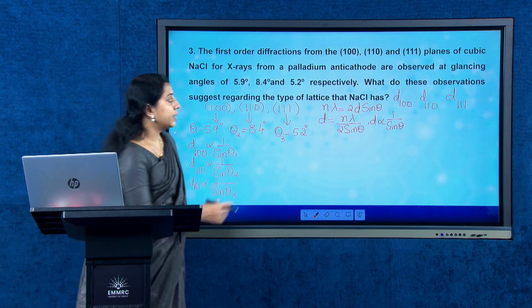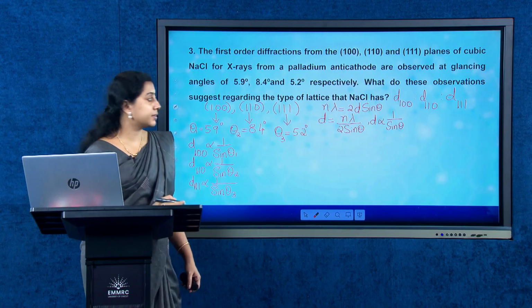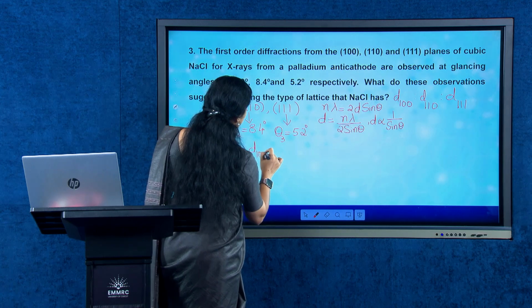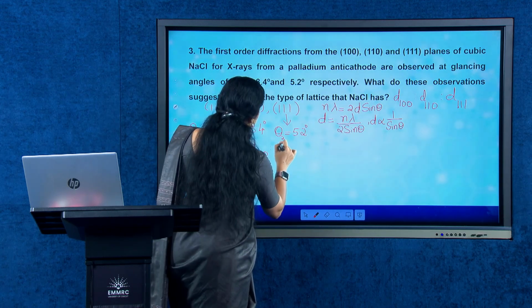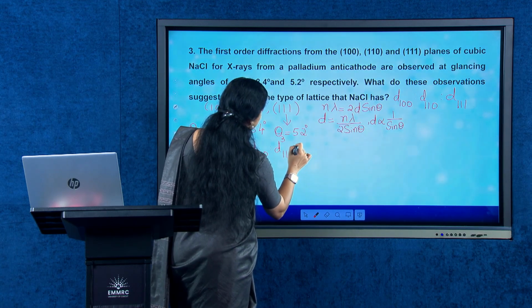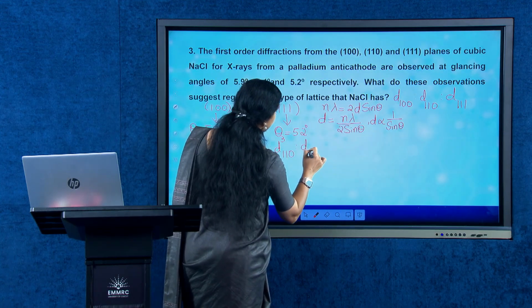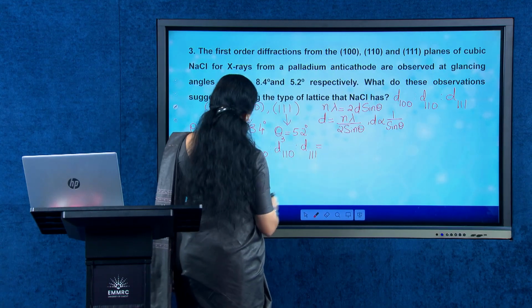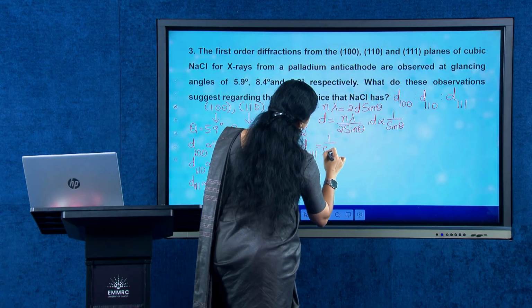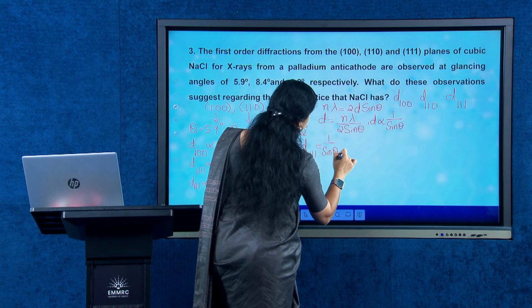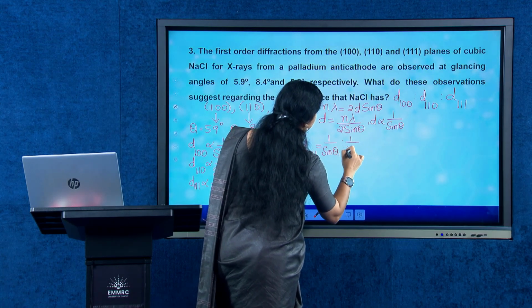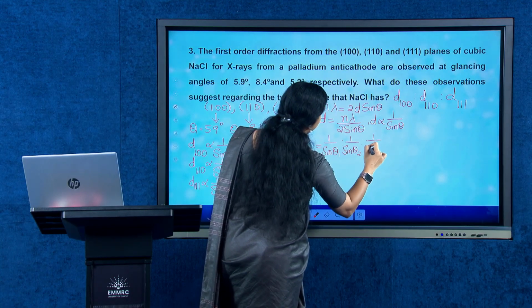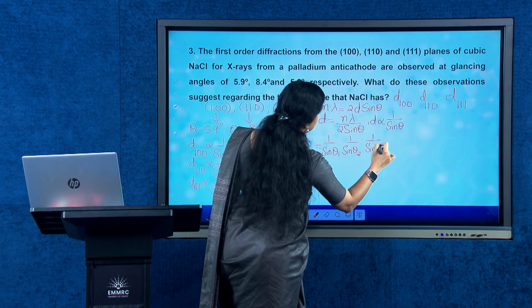If we take the ratio of these three planes, we can write D100 is to D110 is to D111 equal to 1 by sin theta 1 is to 1 by sin theta 2 is to 1 by sin theta 3.